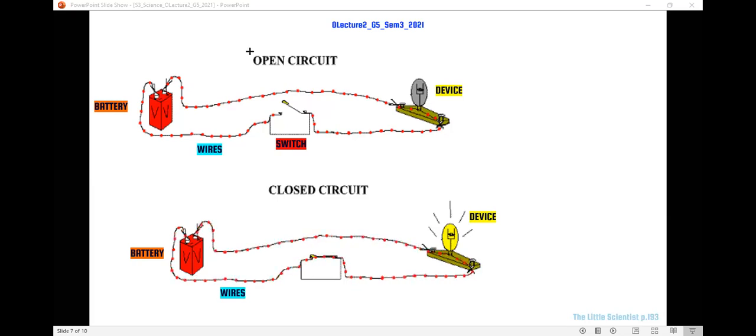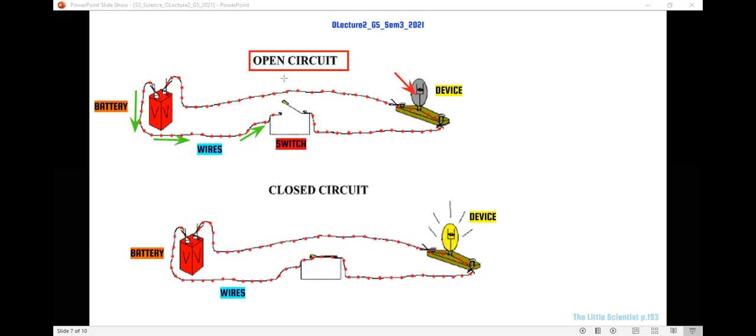Look at the opened circuit. Is the light bulb on or off? Off. Why? Because look, the electrons want to flow. The electrons we just talked about want to flow, so they walk like this. Can they pass?